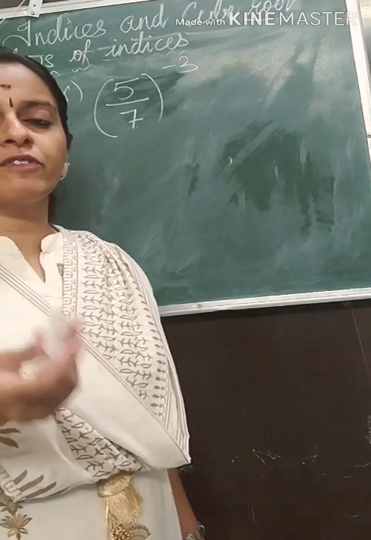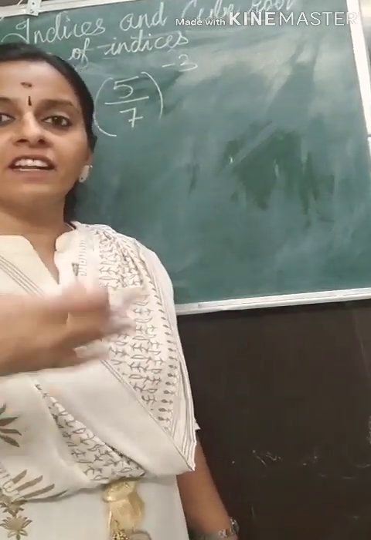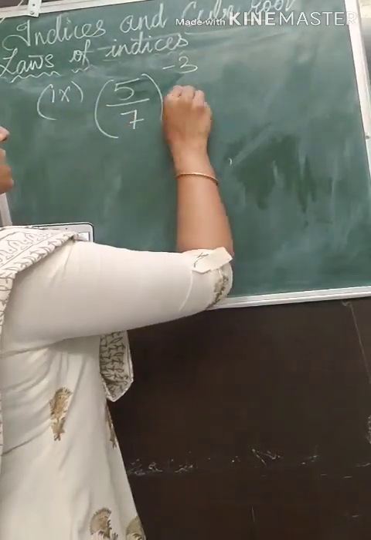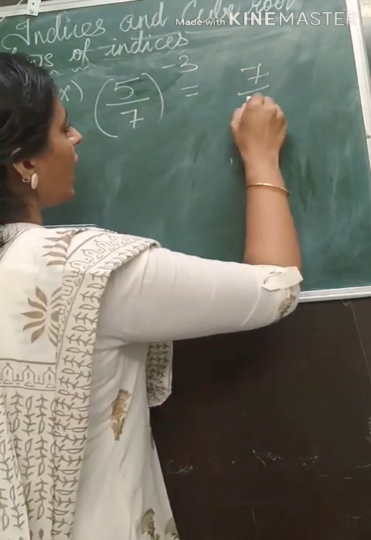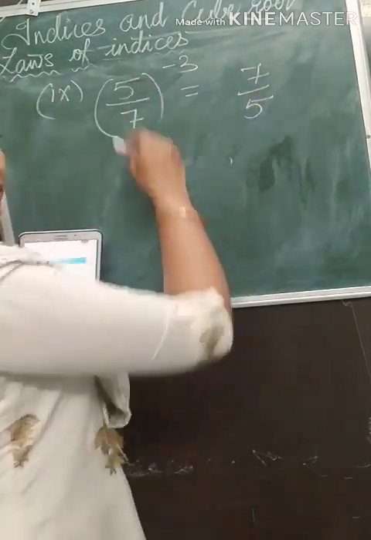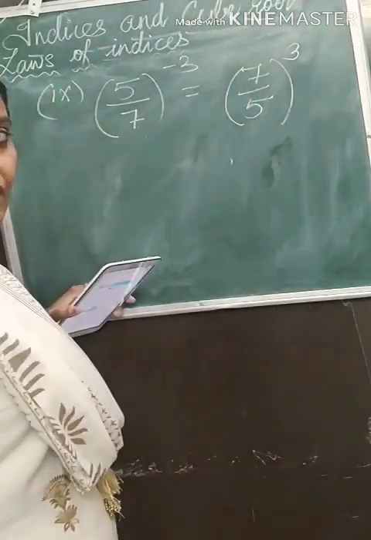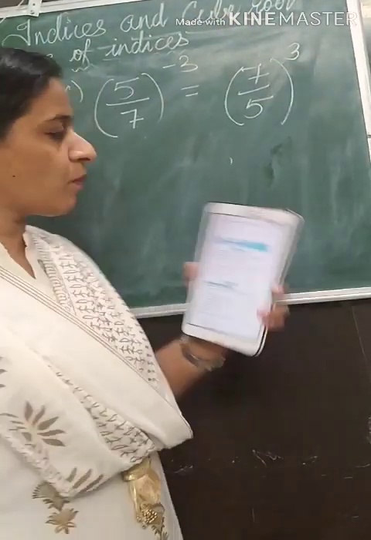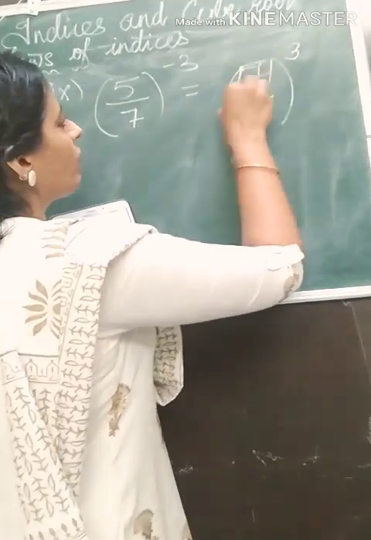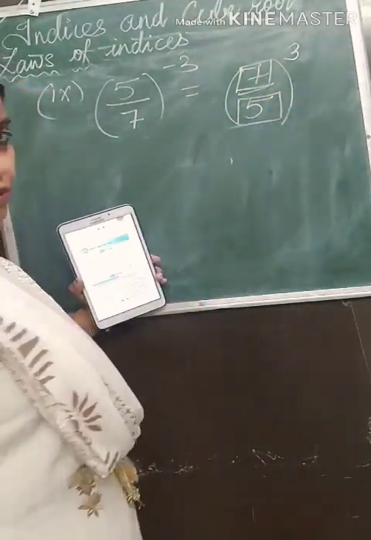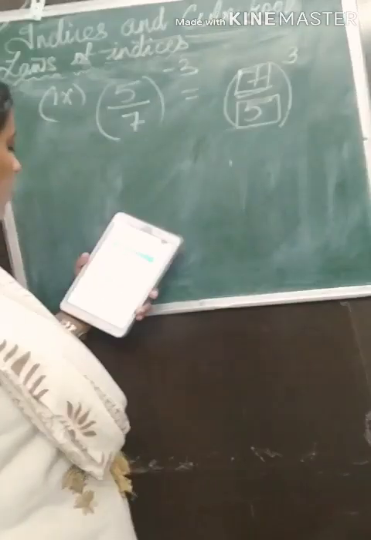Now I told you, if you do 1 upon, it will get reversed. So this is 7 upon 5, upside down, the whole raised to 3. So where is the box given here? Here you have one box and here you have the second box. So this is 7 upon 5 the whole raised to 3.